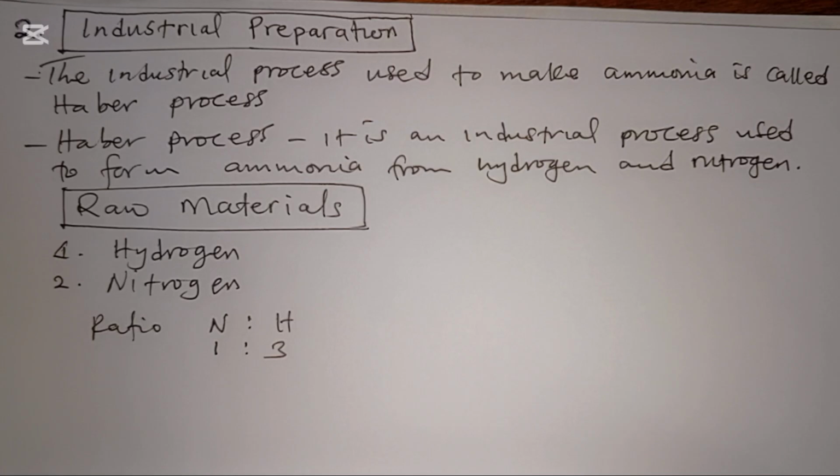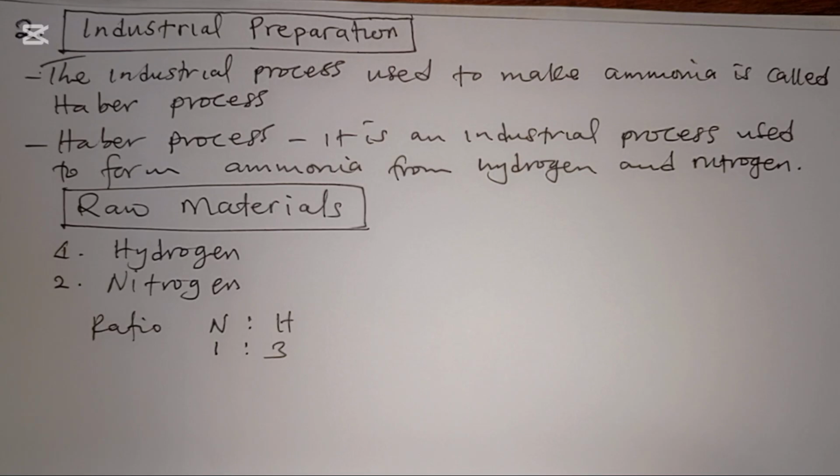So nitrogen is obtained from air by fractional distillation, or it can be obtained by reacting oxygen from air with a natural gas, where in the air we remove oxygen, then we remain with nitrogen and the other small amounts of gases. So that's how we can obtain nitrogen.